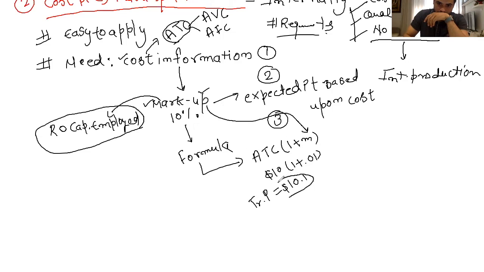So that will be the transfer pricing, the price I will charge from my receiving divisions. Which means I am making a profit here. Of course, I repeat, that markup depends upon divisions to divisions. It could be 10%, it could be 5%, it could be 20%.